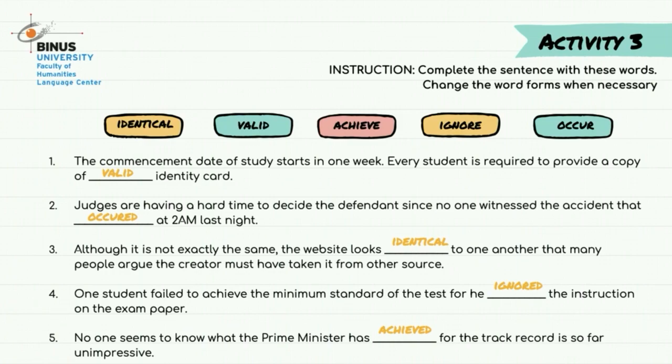Number 2, occurred. Put that in past tense because this sentence requires past tense. Number 3, identical. Number 4, ignored. And the last one, number 5, achieved. Now, how does that feel? Learning vocabulary is important so that every sentence and every context will make sense.